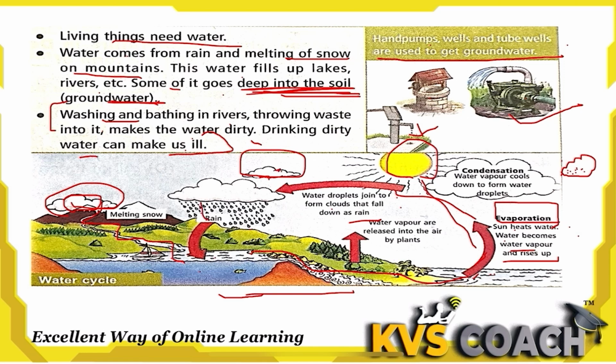When these water drops get heavy, then they fall down in the form of rain. This rainwater again goes back into the rivers or ground as groundwater, and into rivers and lakes. So like this the water cycle moves, this to this, this to this. This is the water cycle.